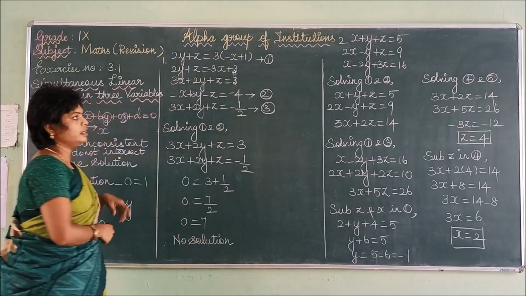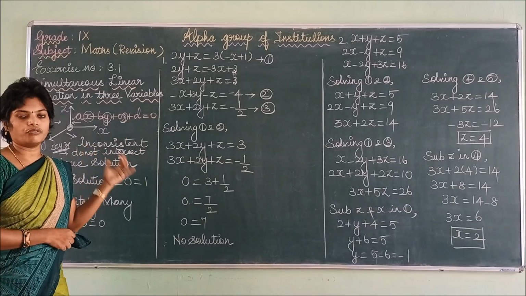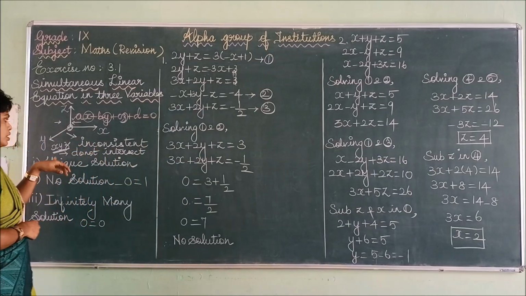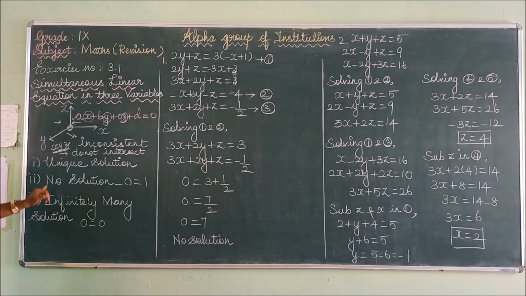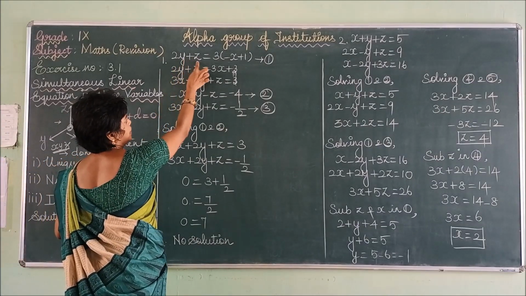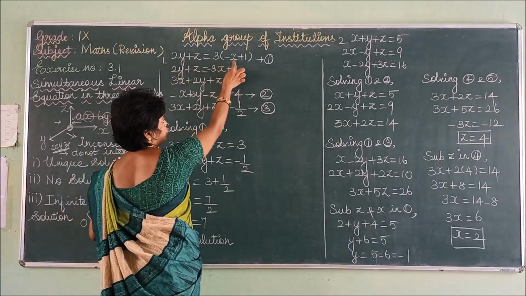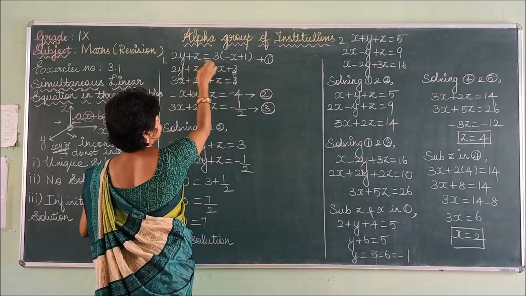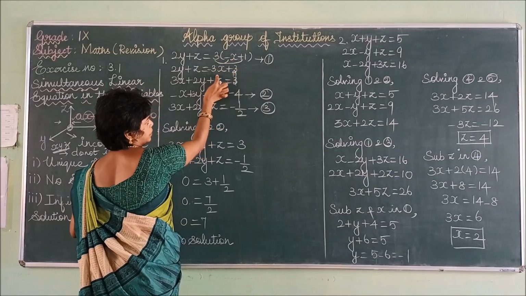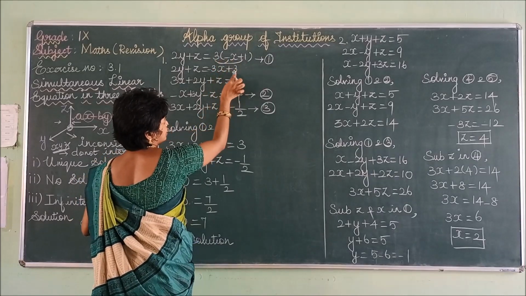Listen once again. In this question they asked you to discuss the nature of the solution. The nature of the solution is whether it is unique, no solution, or infinitely many solutions. Here, 2y + z = 3(-x + 1): 3 into minus x is minus 3x, 3 into 1 is 3.